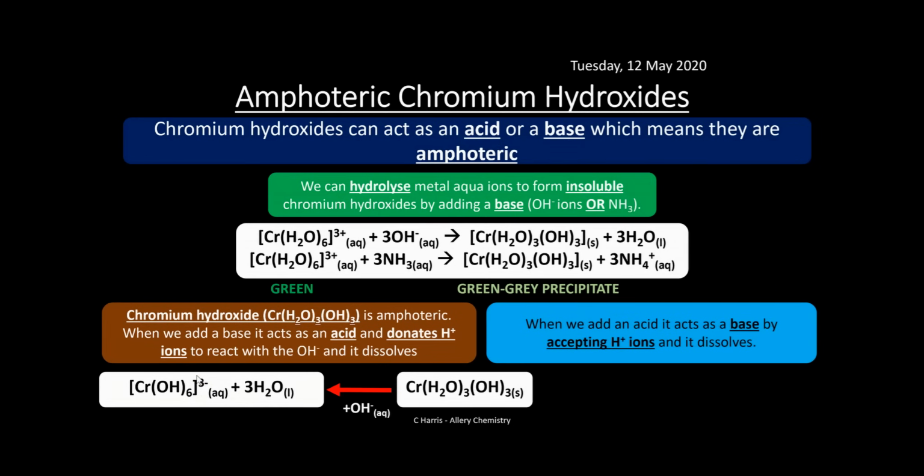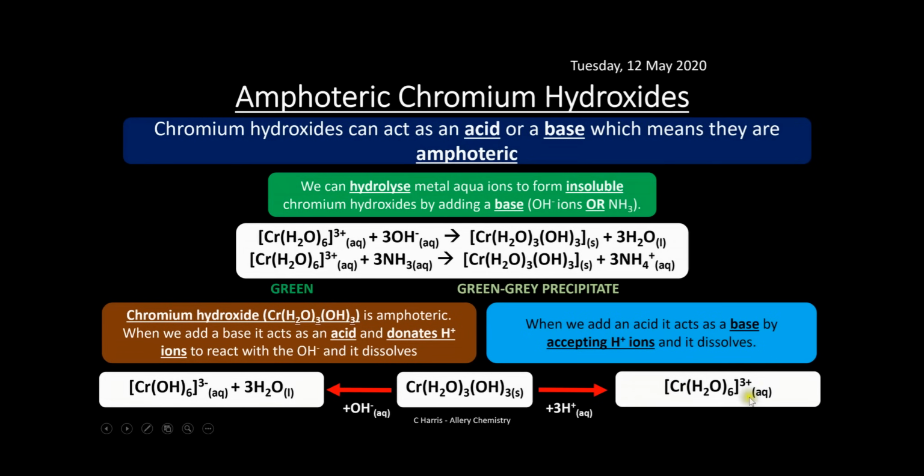And likewise, when we add an acid, it acts as a base by accepting H+ ions, and it also dissolves again. So here it is. We add our acid and we form [Cr(H2O)6]3+. The 3 hydroxide groups that were on this accept the proton, and you form a hexa-aqua complex again. This is just the same as what we've had here.